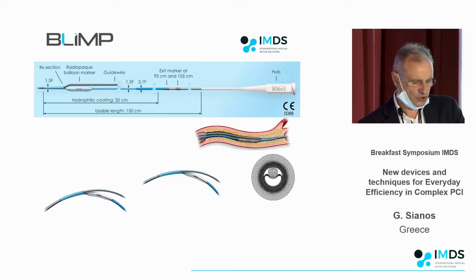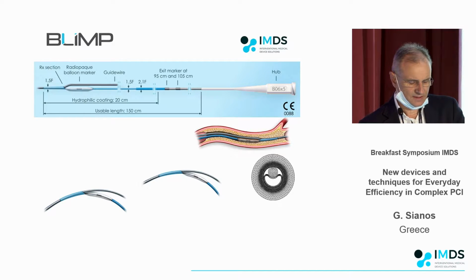It has a very short monorail snorkel, around 5 millimeters, and the wire enters there and exits in front of the balloon. The balloon is 0.6 millimeters in diameter and 5 millimeters in length.